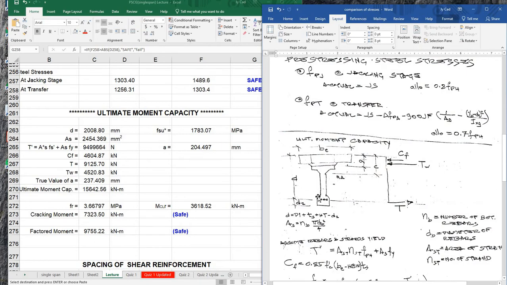Singly reinforced in the sense na hindi tayo maglalagay ng bakal dito sa taas. Okay? Aside from that, T-beam din siya, no? Ibig sabihin, yung mga flange concrete, kagaya itong slab, i-consider natin siya as part of the compression area.